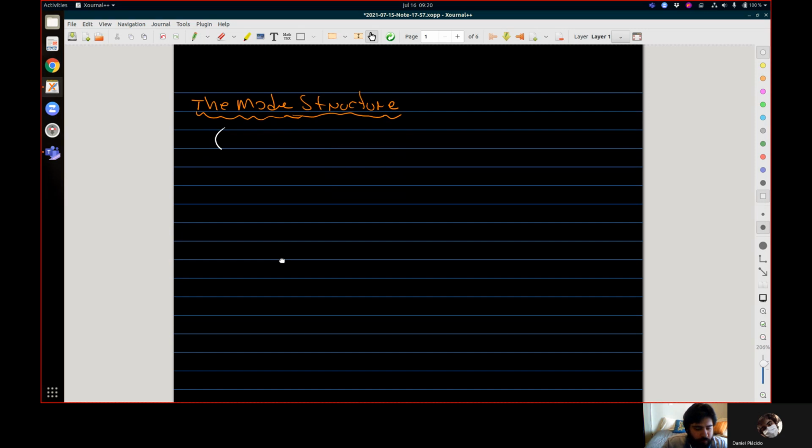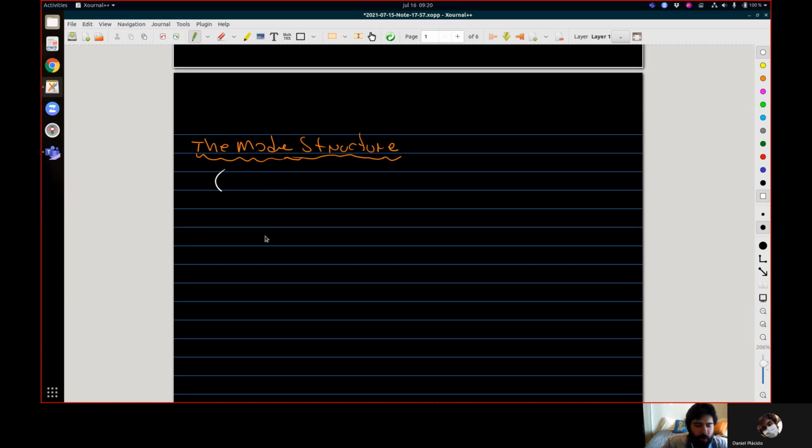Okay. So we must define what are fibrations, cofibrations, and weak equivalences. So I will start by defining what are weak equivalences. And to do that, I'll use the Kan-Quillen model structure on simplicial sets.